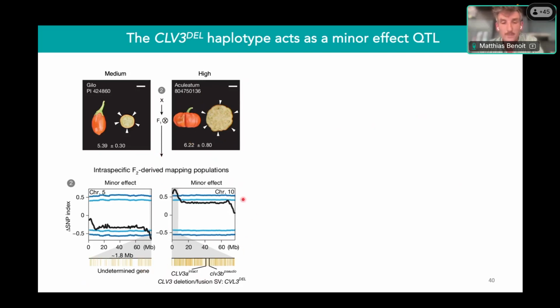But for the chromosome 10 QTL, the peak just falls on the chromosomal location of clavata3, and particularly the clavata3 deletion allele I just introduced you to a few slides before, right? So in this particular condition, there is a minor effect phenotype that has been conferred by mutation in the clavata3 ortholog in Solanum aethiopicum.